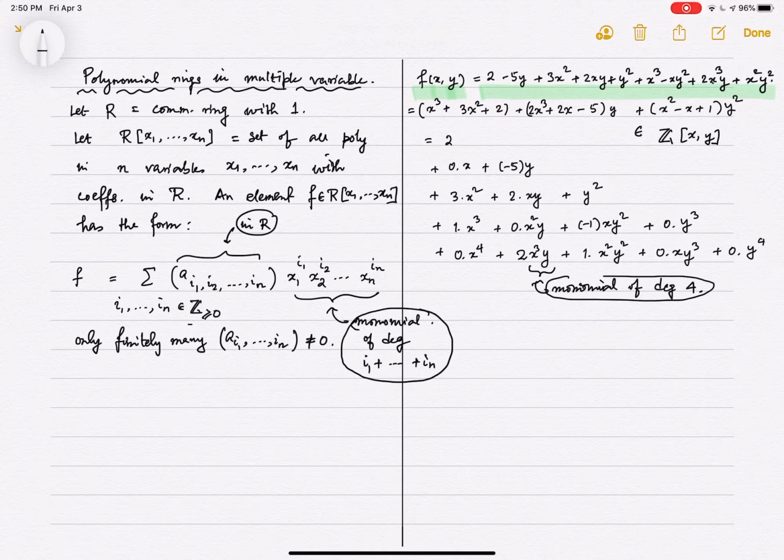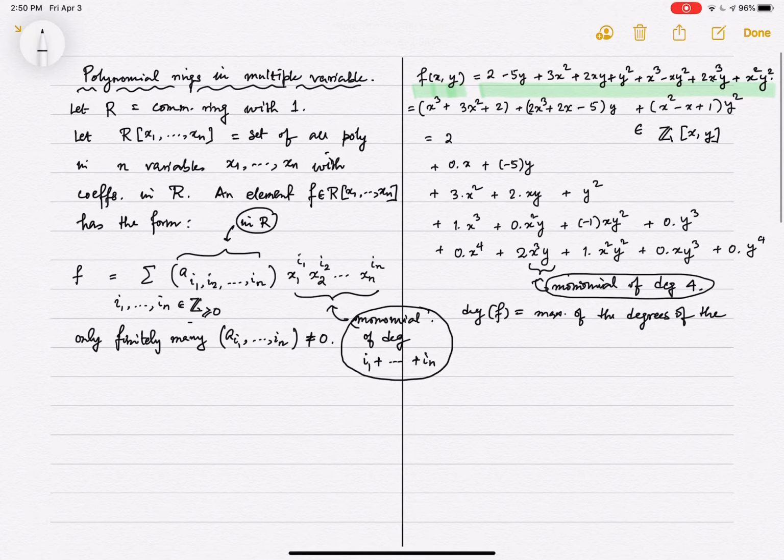x cubed times y. Once you define the degree of a monomial, you can define the degree of a polynomial. The degree of a polynomial is the maximum of the degrees of the monomials that occur in f with non-zero coefficient.